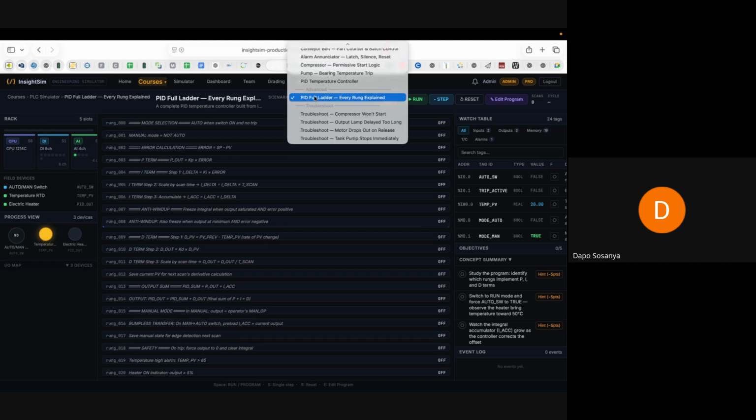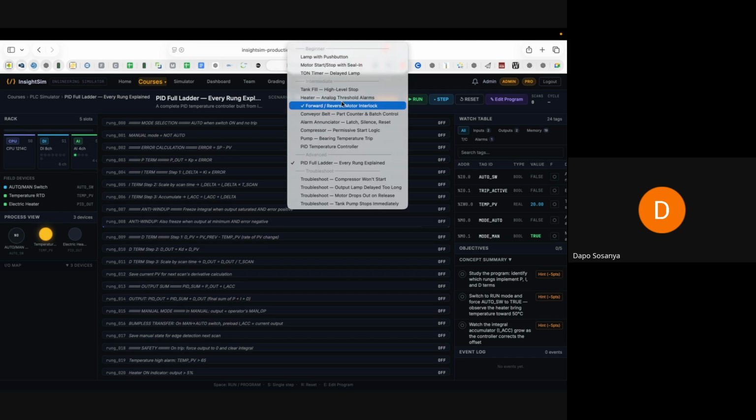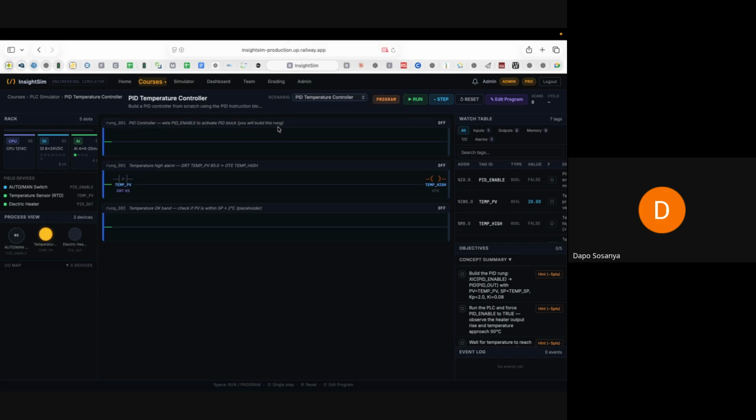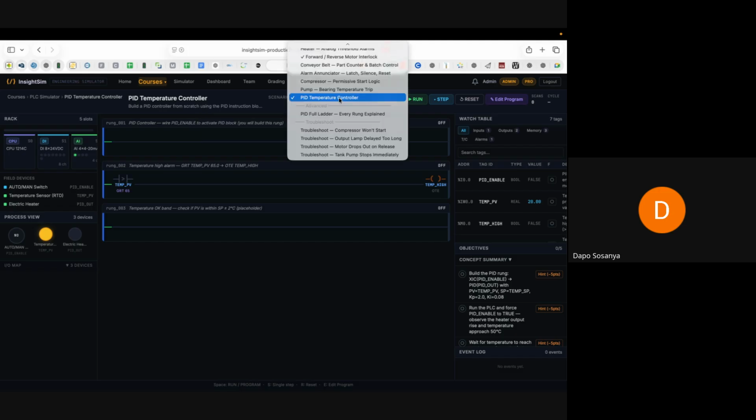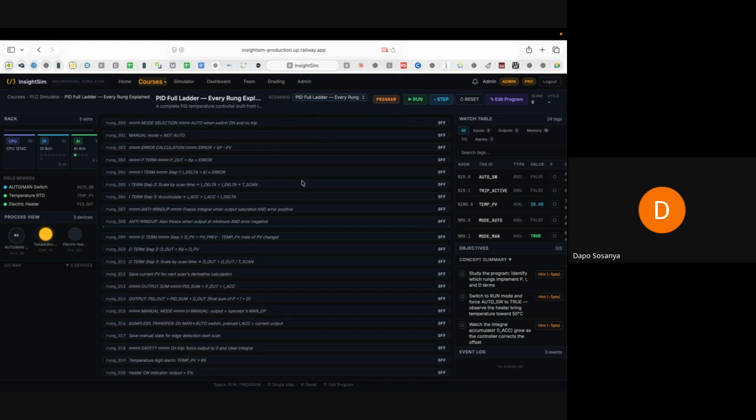So in the scenario here, two things for PID. This is an exercise where you construct your own ladder to implement the PID algorithm. A temperature controller, right? And then this is the full rung.